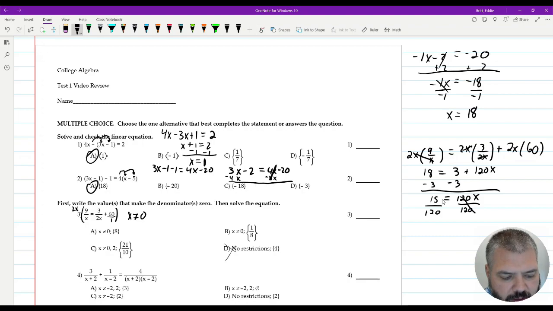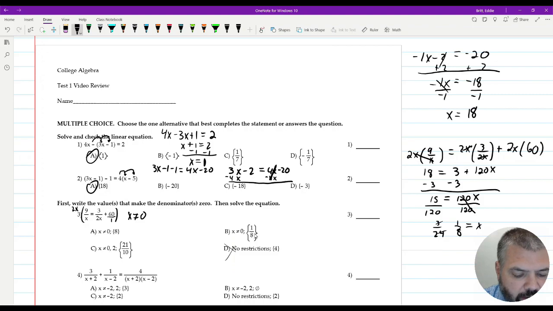So whenever you do that, you can probably divide them by 15 now that I look at it. If I divided them by 5 though, I would have 3 and 24, which then I could simplify again and divide by 3. It's 1/8. So x is equal to 1/8.